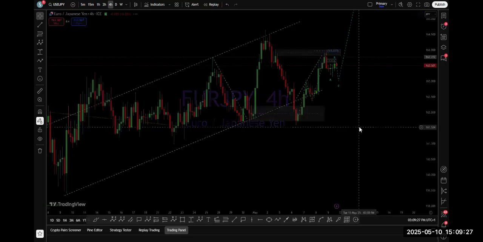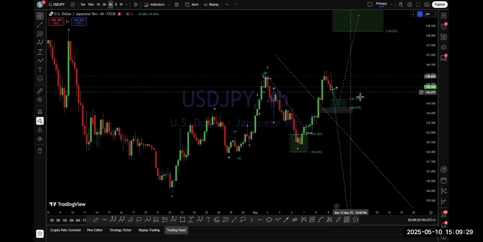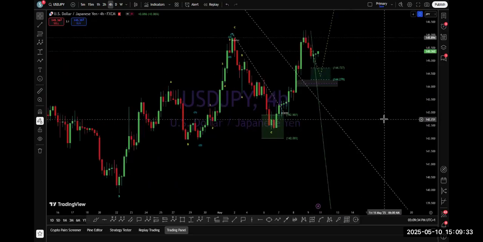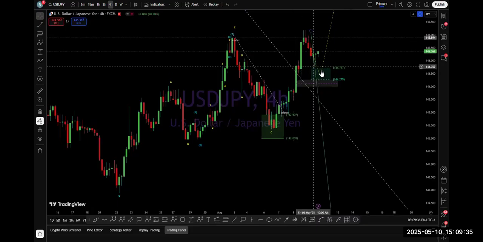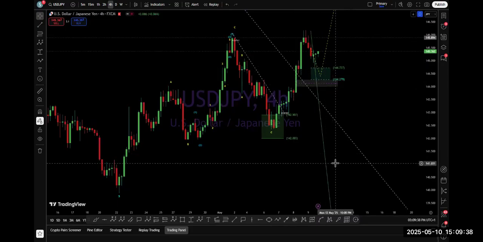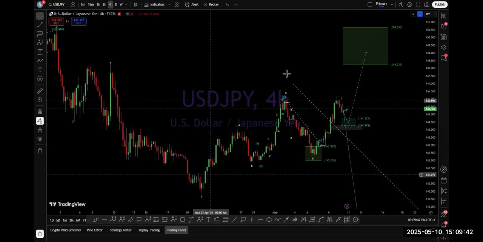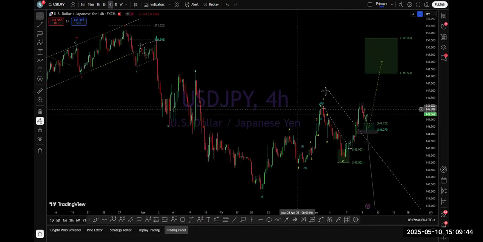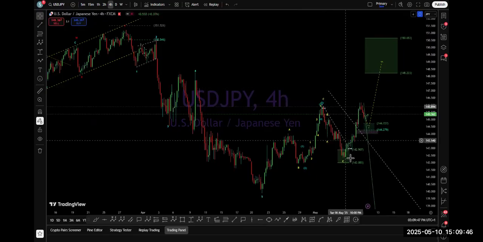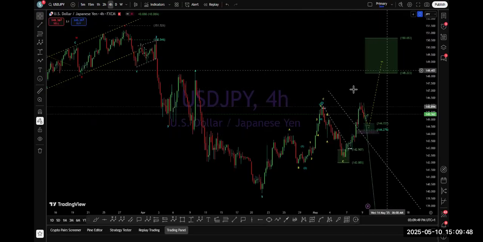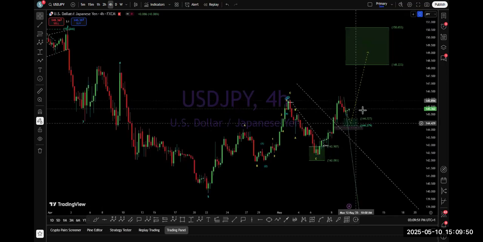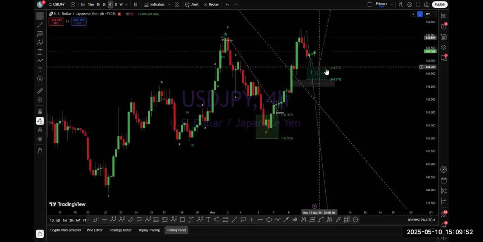Let's go to USDJPY. USDJPY, the same situation. Last week, I was expecting the market to reverse around here and go down. But it's obvious it is trying to make a WXY. You can see ABC, that is WX, another ABC. So expect it to buy again from this zone.